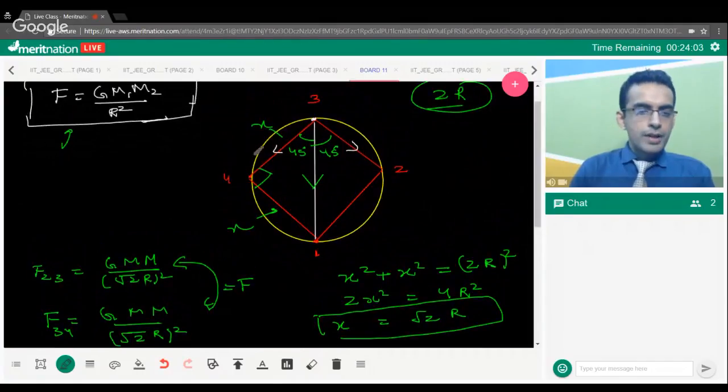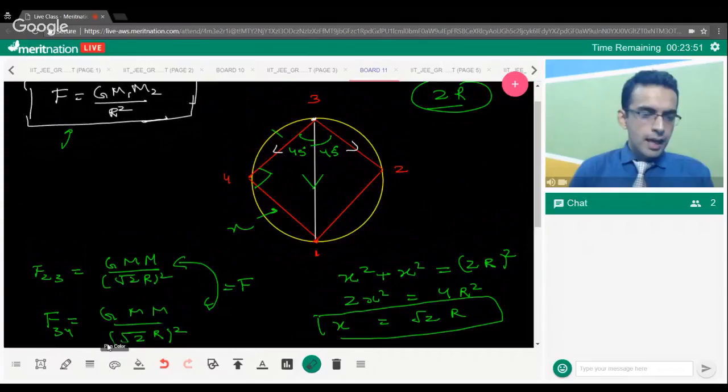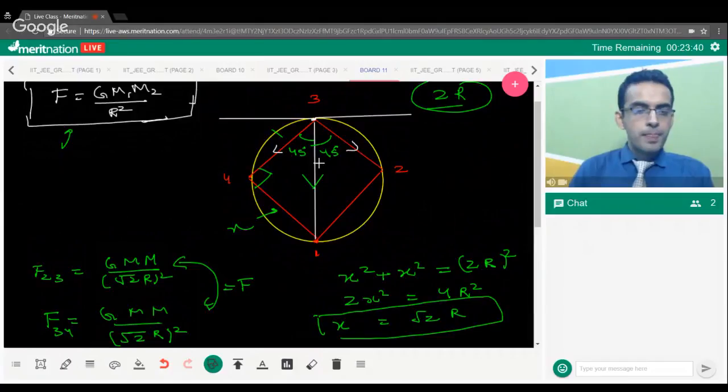So what we can do is resolve the force between 3 and 4 and between 2 and 3 into two perpendicular components. This force can be resolved in two directions, one along the diameter and one along the line perpendicular to the diameter.